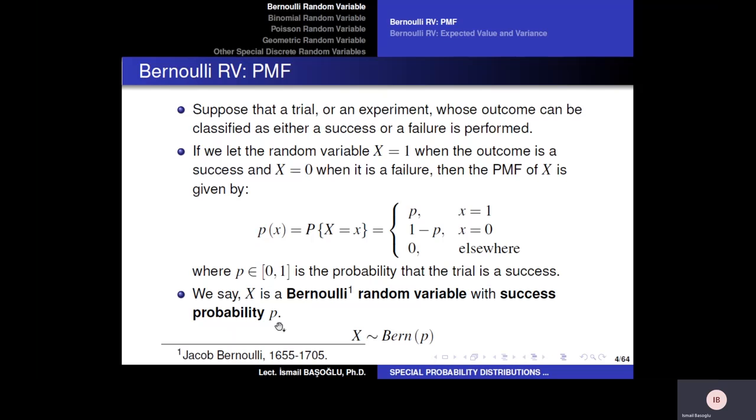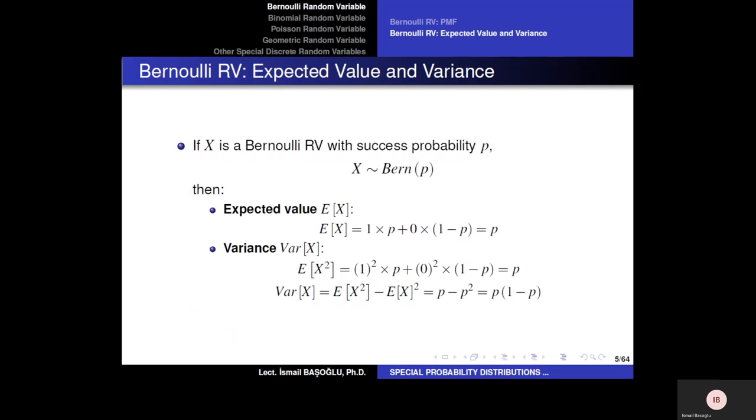So with different values of success probability p, we get a different Bernoulli random variable. And given the structure, we can calculate the expected value and the variance of a Bernoulli random variable. Remember now, for discrete random variables, the expected value is calculated by multiplying the possible values that it can take with the corresponding probability mass values, and all these values are summed up.